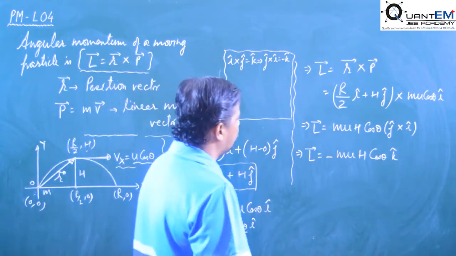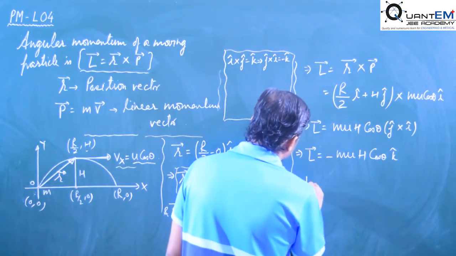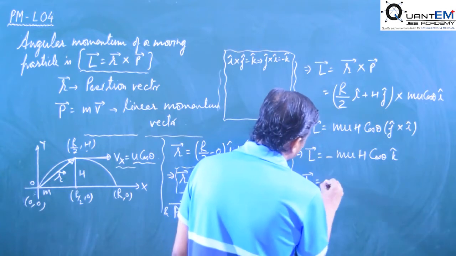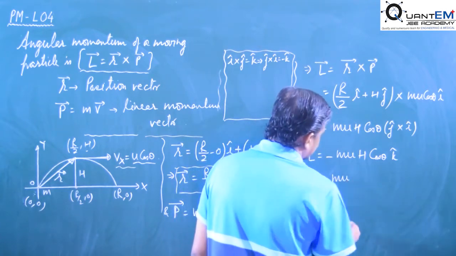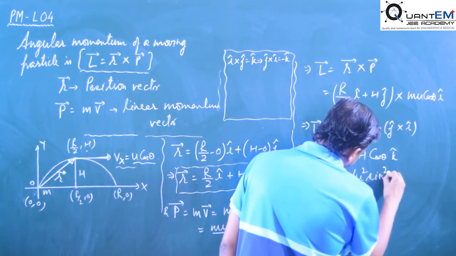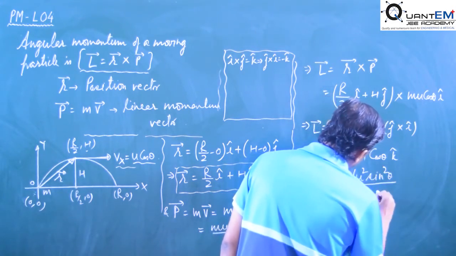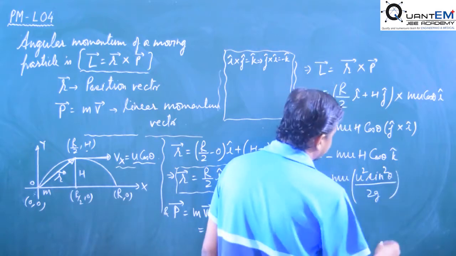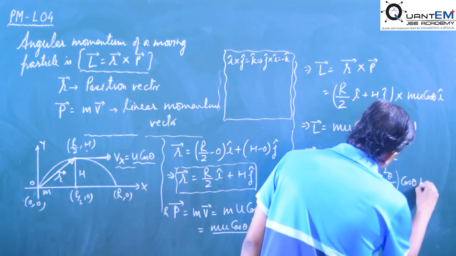Now put the value of the maximum height of the projectile. What is the maximum height? That is u square sin square theta by 2g, and cos theta.